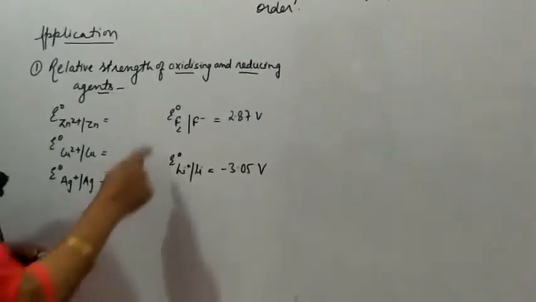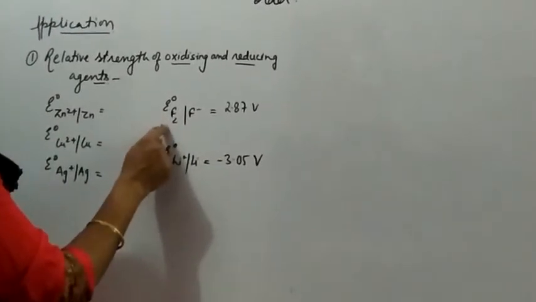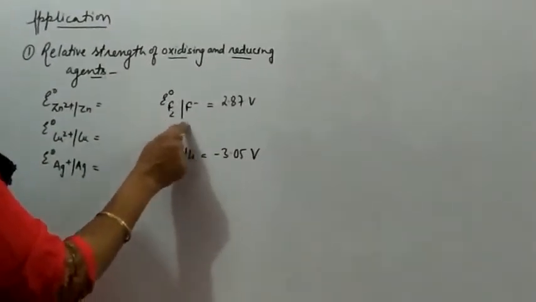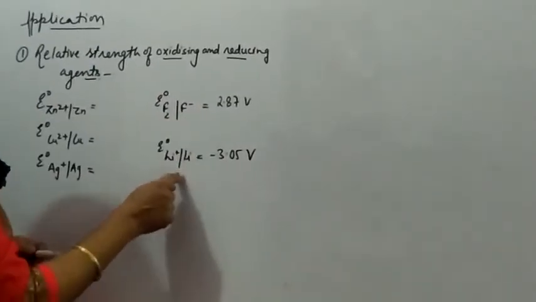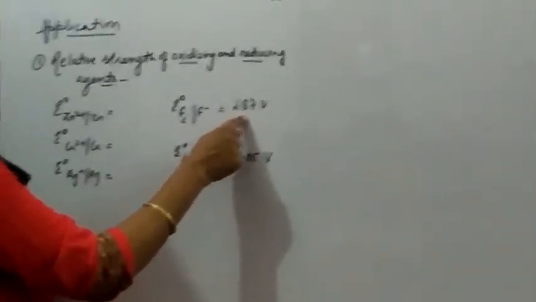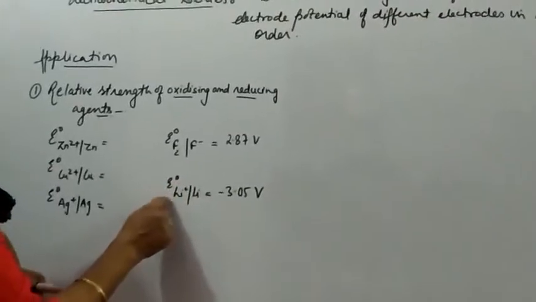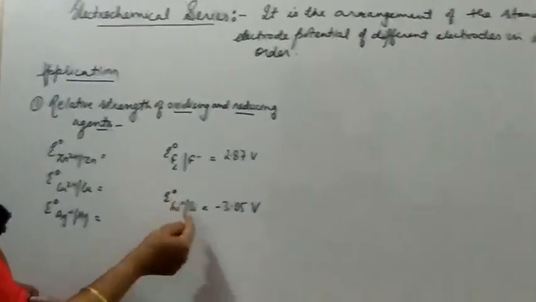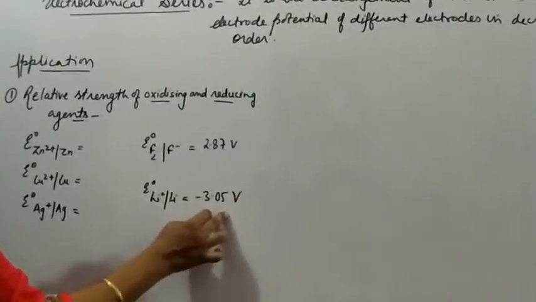Right. Now, first see the standard electrode potential in terms of reduction for fluorine and for lithium. You can see that fluorine has a positive value, plus 2.87 volt, and that of lithium is minus 3.05 volt.